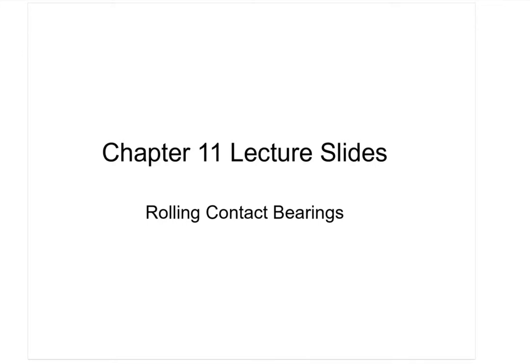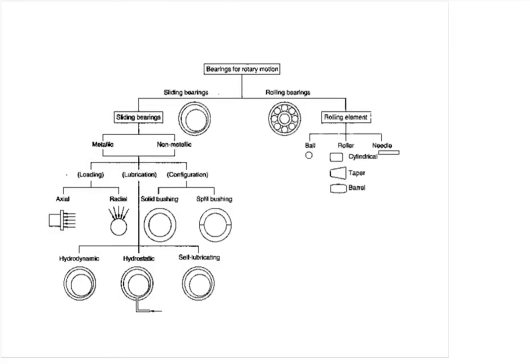Okay, we're here at chapter 11, rolling contact bearings, and let's get to it. I found this online. Looks like an older chart, probably hand drawn, even the words, judging by how old it looks. But I thought it was really neat. Has a really good classification tree for bearings for rotary motion.